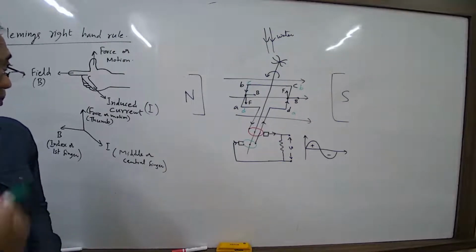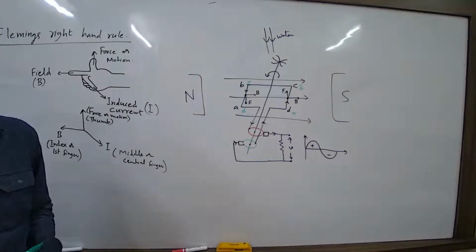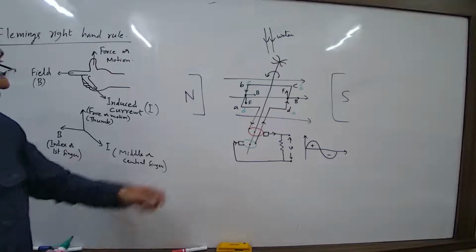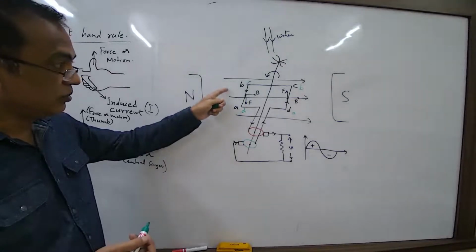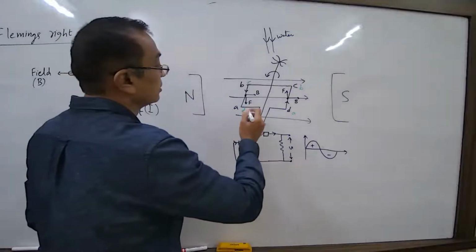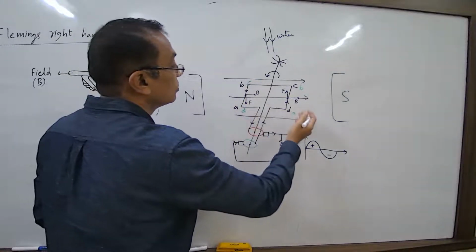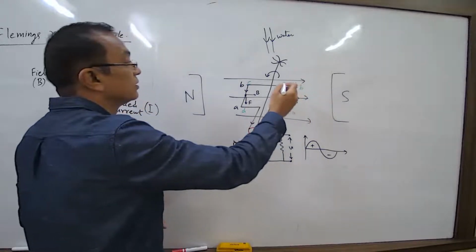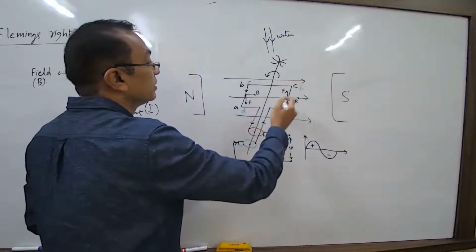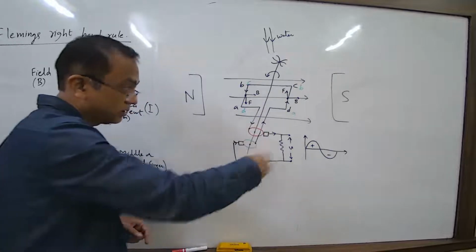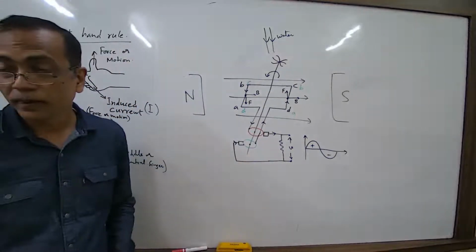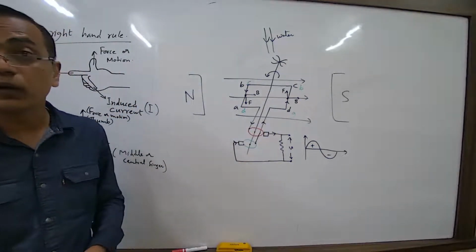Every time the current direction will change now. Initially the current flowed from A to B, then it was B to A. Now when it goes here, it is A to B. So the direction will change, and that is why you are getting alternating current.